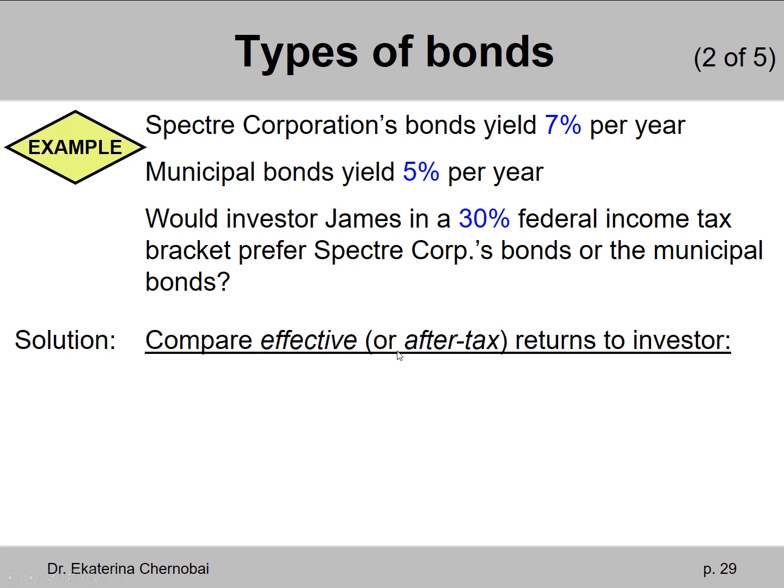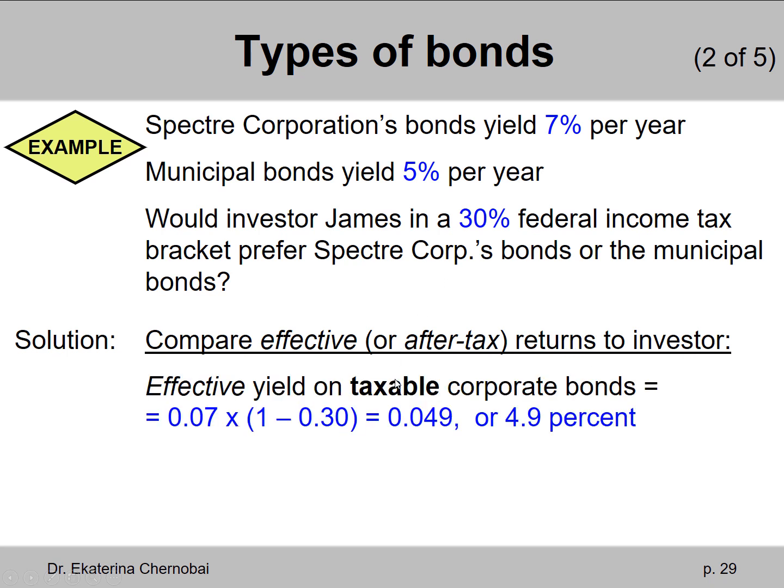We need to compare the after-tax, or the effective, returns to this investor. Corporate bonds are taxed, and so after taxes, the return will be only 4.9%, which is calculated by taking the before-tax return, 7%, which is given, and multiplying by 1 minus 0.3, the 30% tax rate.